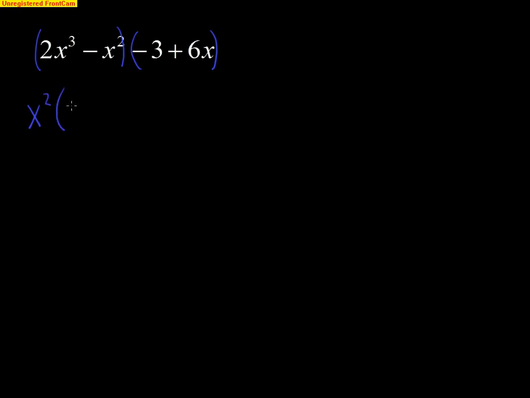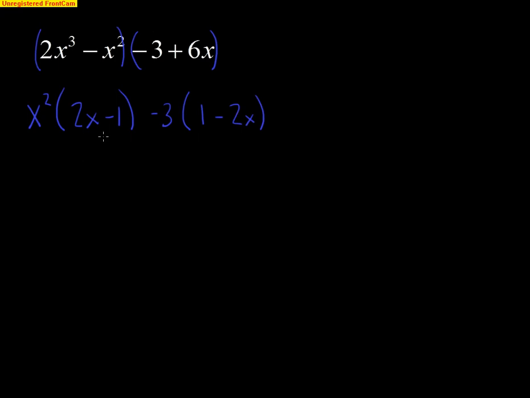What am I left with? 2x minus 1. Here, the negative 3 plus 6x. All right, well, the negative 3, I can factor out a negative 3. Let's look what happens here. If I do that, I'm going to have 1 minus 2x.